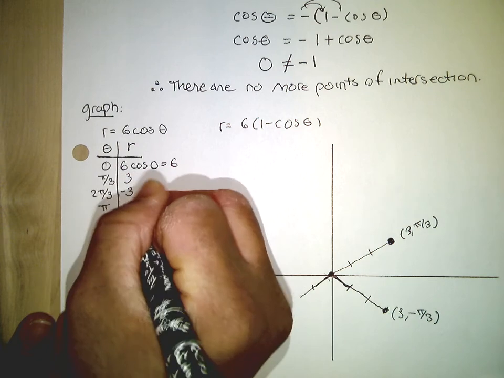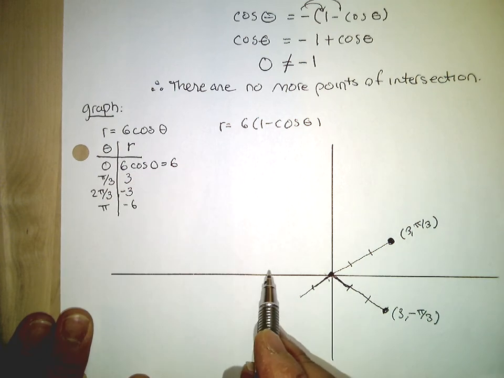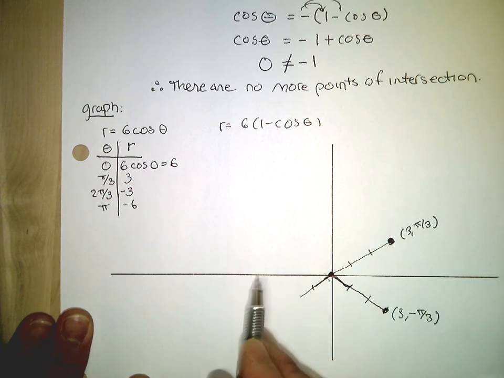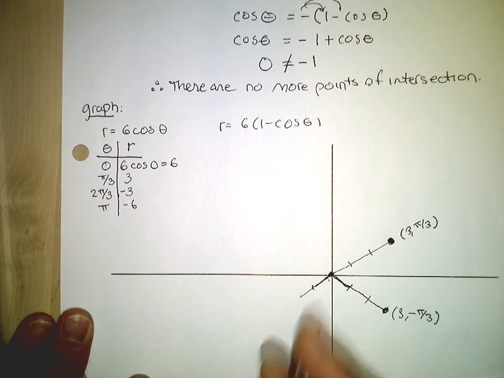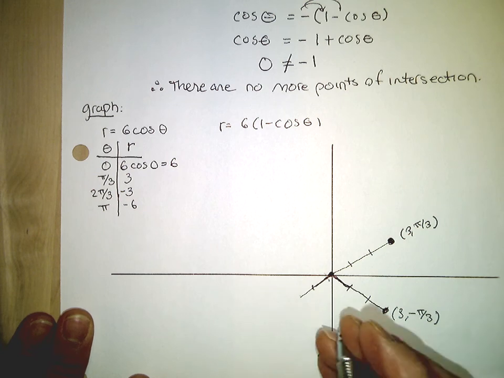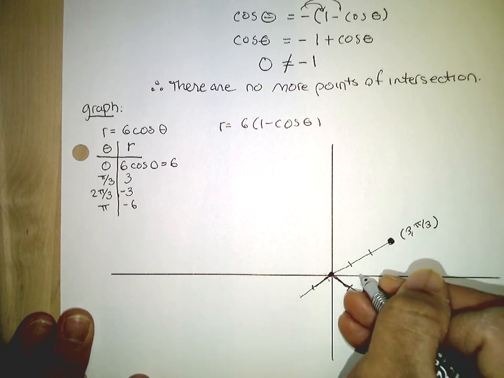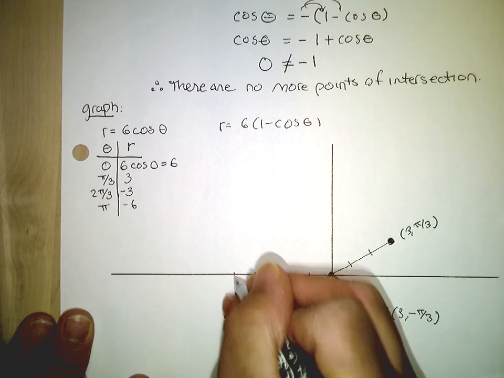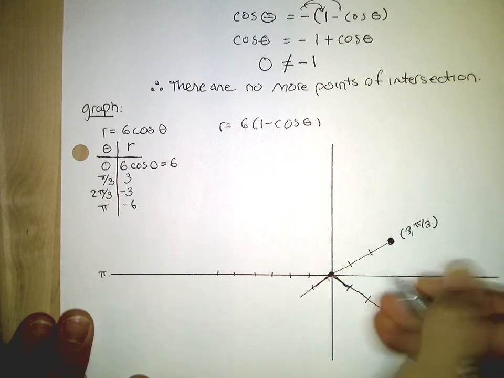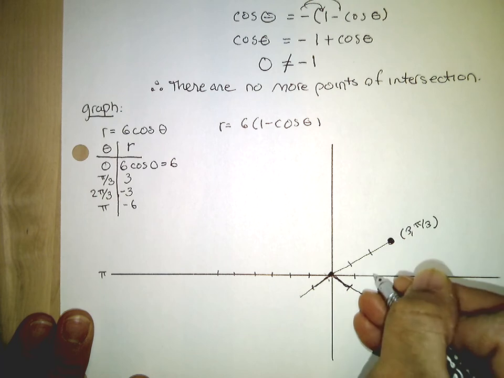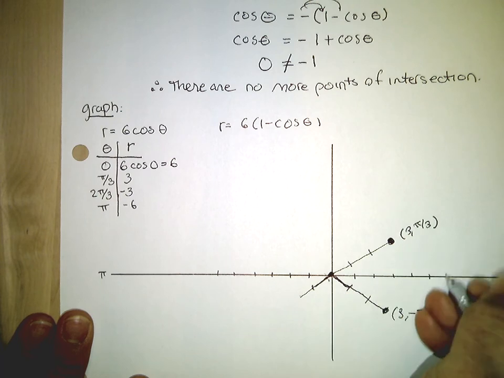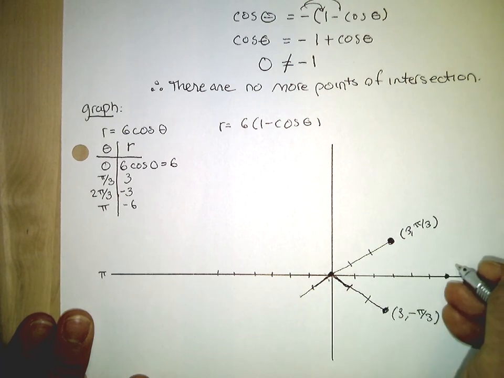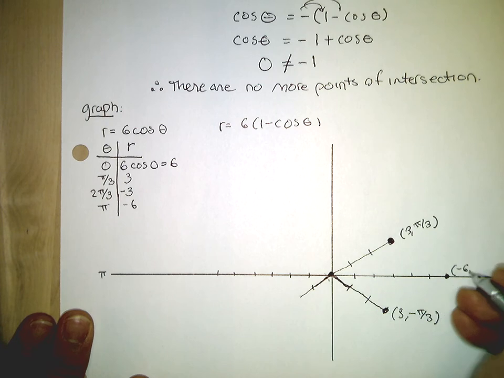Then pi, negative 6. So at pi, you get negative 6. So that means that there's actually a point at if we go 1, 2, 3, 4, 5, 6 at pi, but you go negative 6, it's actually over here. 1, 2, 3, 4, 5, 6. So this is (negative 6, pi).